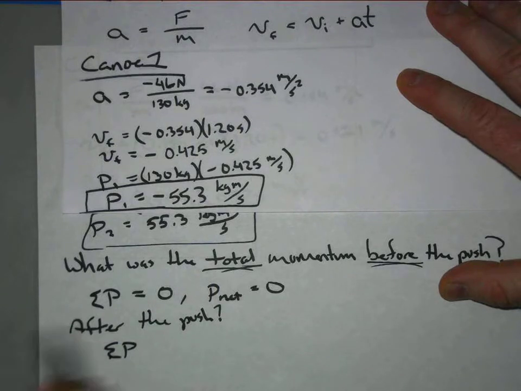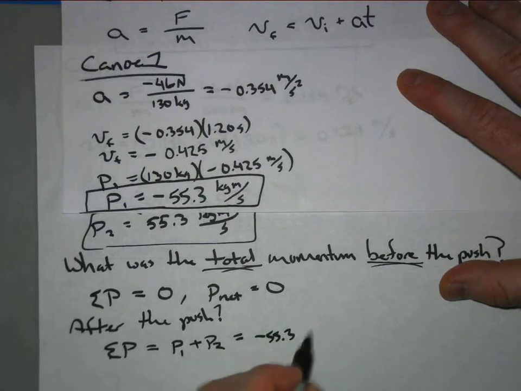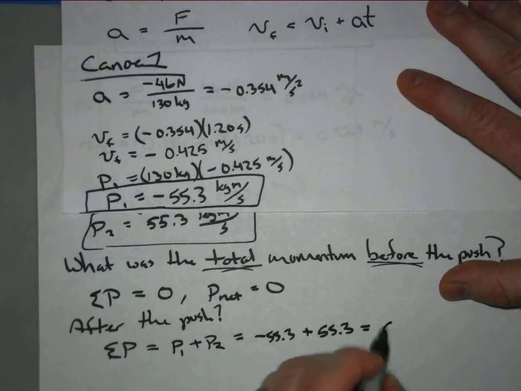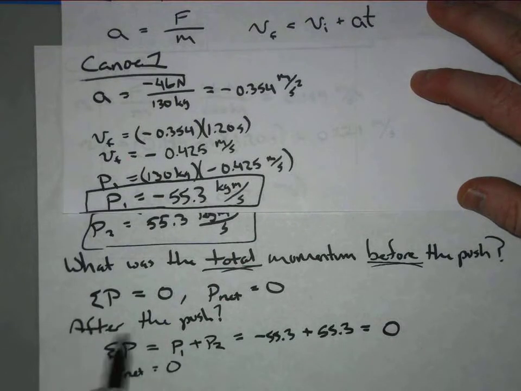That's going to be the momentum of 1 plus momentum of 2. And that's going to be negative 55.3 plus 55.3, and that's going to be 0. How about that? So I could also say the net momentum after equals 0, right?